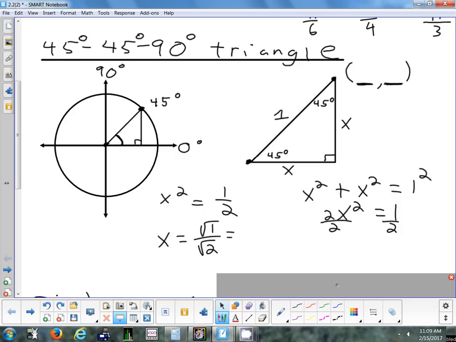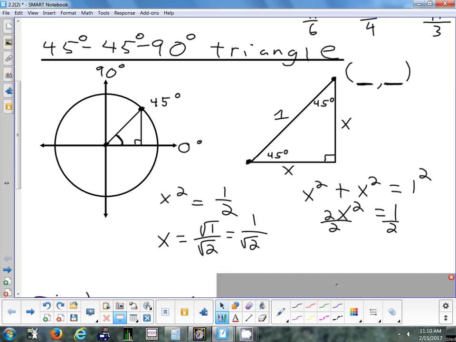Okay, what's the square root of 2? If you can't answer that, then it's not something we can simplify in our head. You have one other option to pick. The square root of 1. So the square root of 1 would simplify to 1.